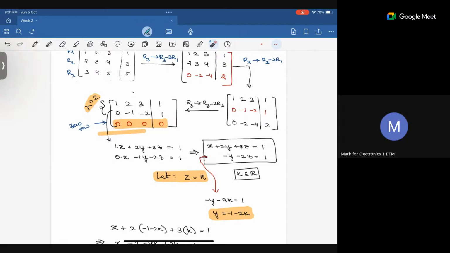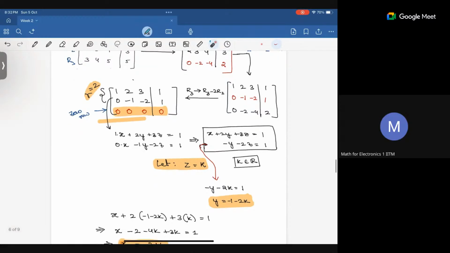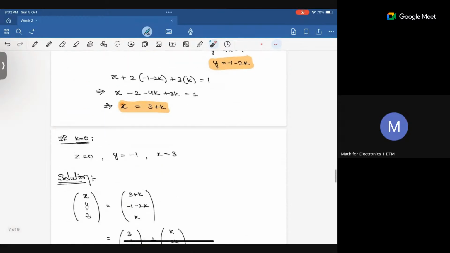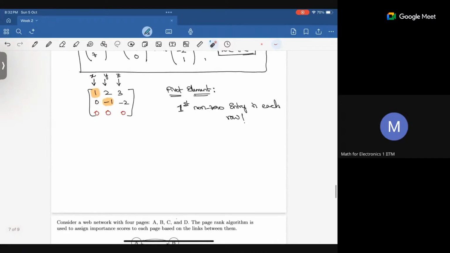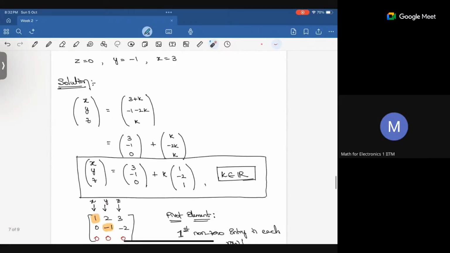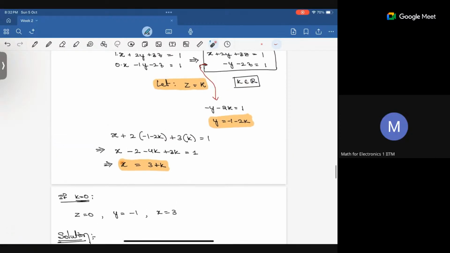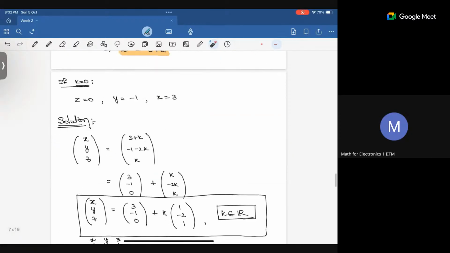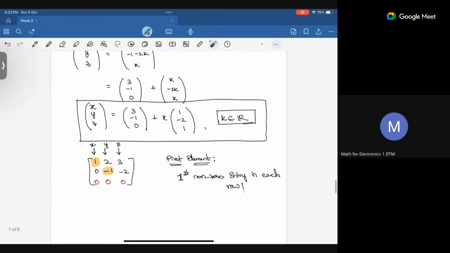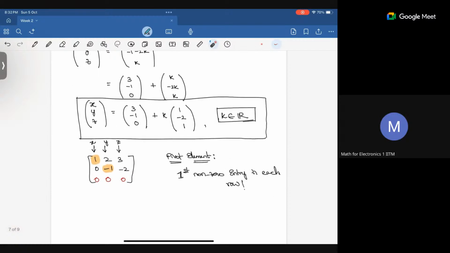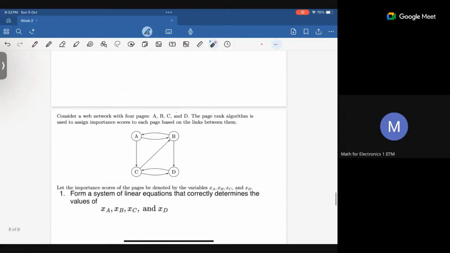I have taken Z to be some constant because Z is a free variable in this case. So you can use this and write the solution for infinitely many cases easily. Okay, hope this is clear. We can move to the next thing.